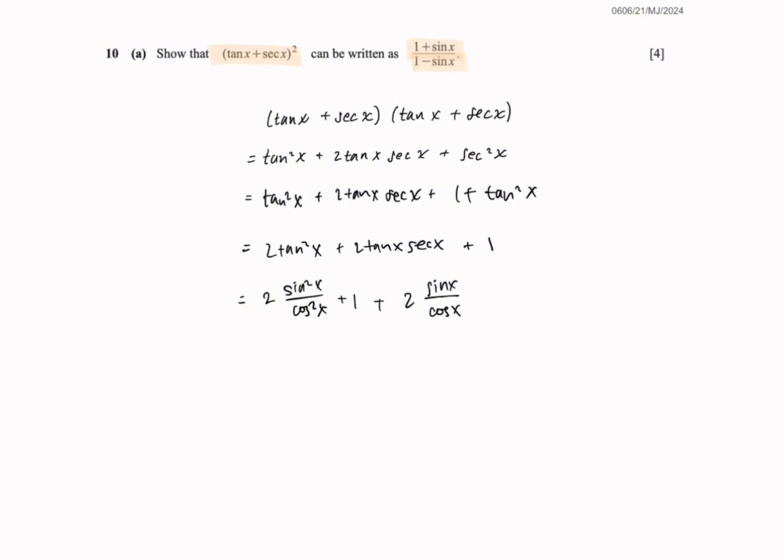And secant x is equal to 1 over cos x. And what we can do is make cos square x the denominator for all of it. So cos square x, and we will have 2 sine square x on top, and multiply the 1 by cos square x, and we will have 2 sine x.